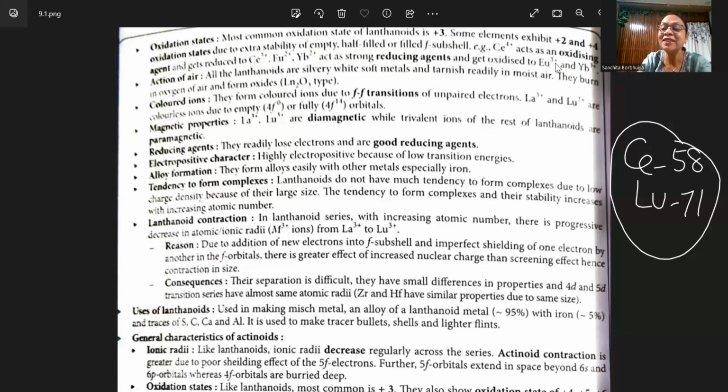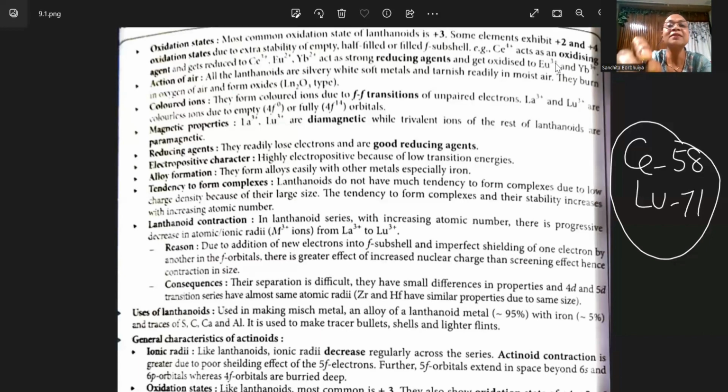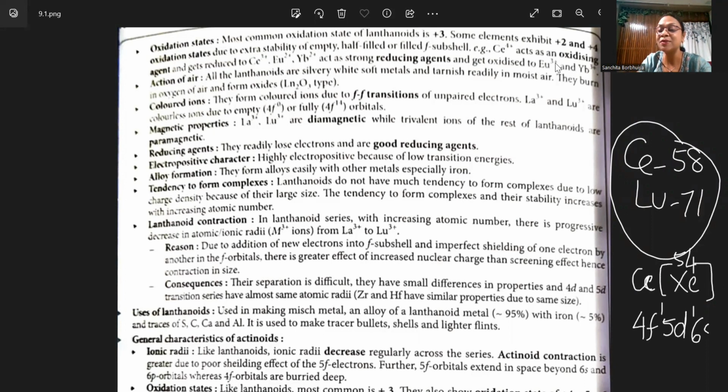Let us try cerium, atomic number 58. Let's write down the electronic configuration of cerium. It is closest to xenon. Xenon's atomic number is 54, 55, 56, 57, 58. We need to put 4 more electrons. So after xenon, you have 4f1, 5d1, 6s2.